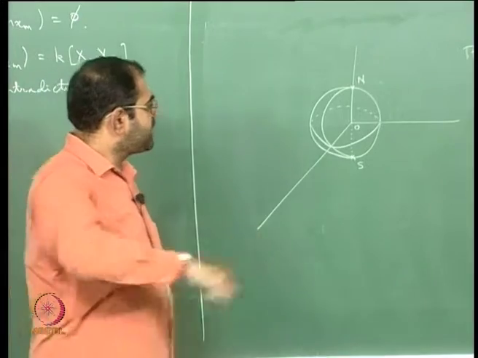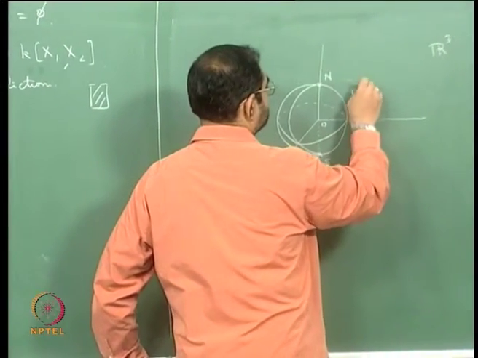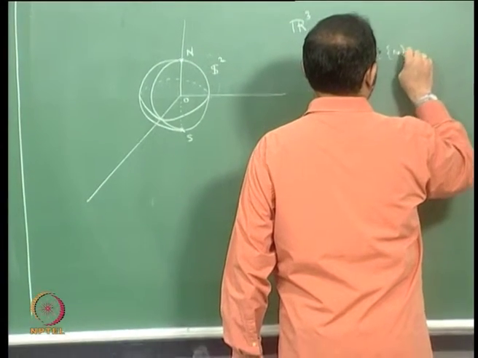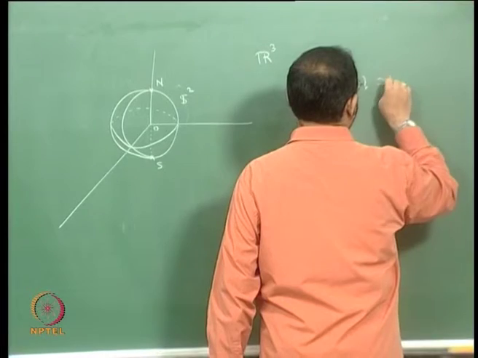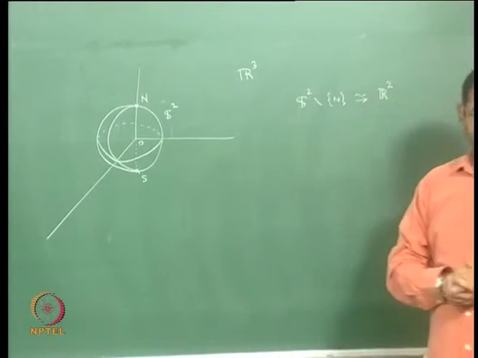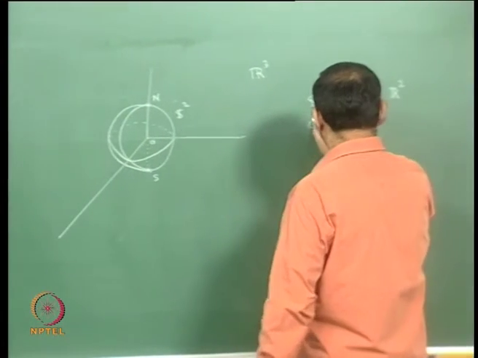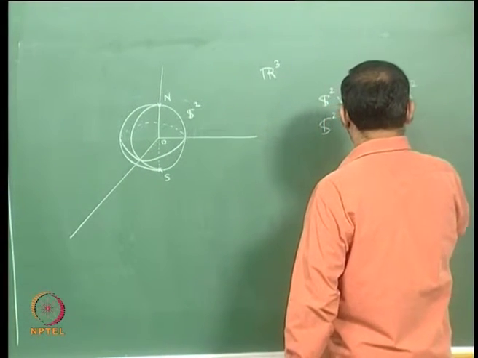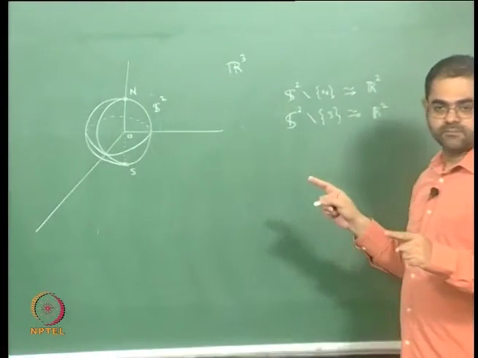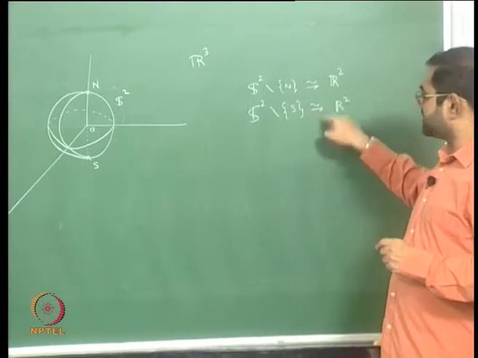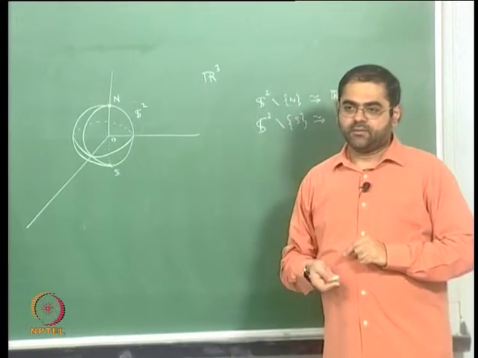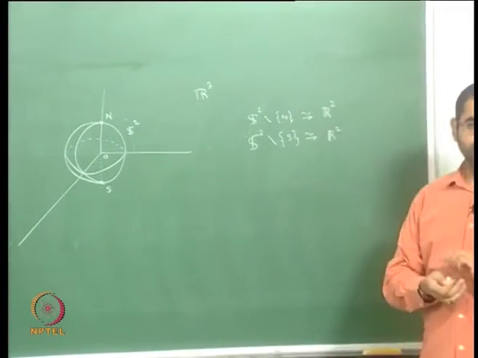If I call this sphere S2, then S2 minus the north pole can be identified homeomorphically with R2 by projecting from the north pole, and S2 minus the south pole can be identified homeomorphically with R2 by projecting from the south pole, okay. These are the so called Riemann stereographic projections from the Riemann sphere to the plane.